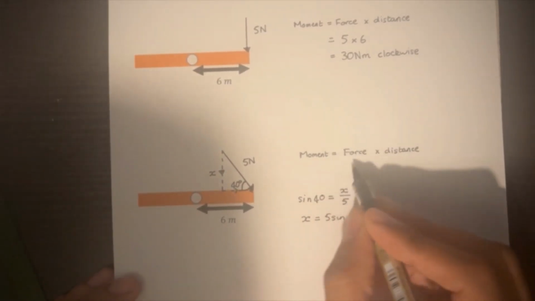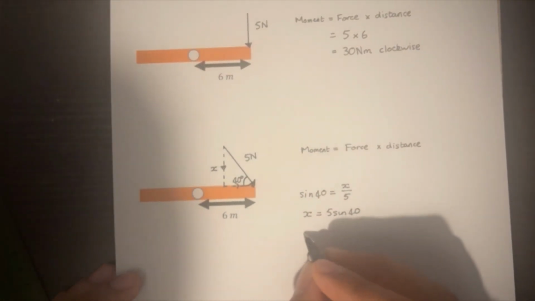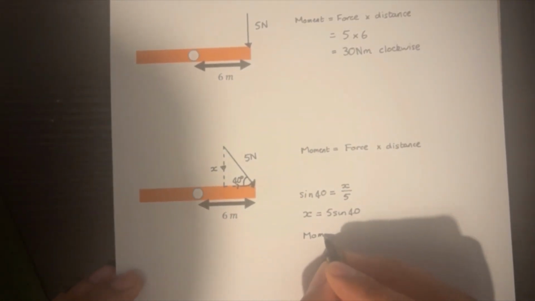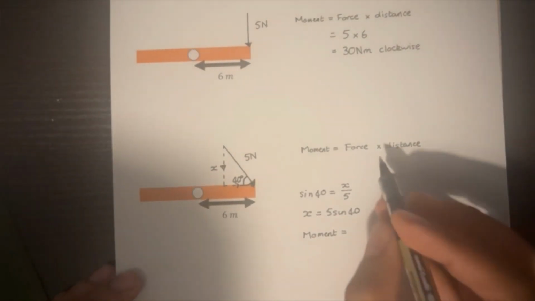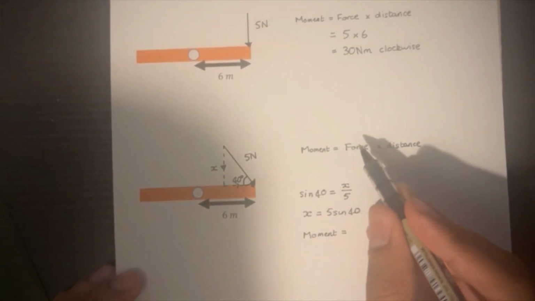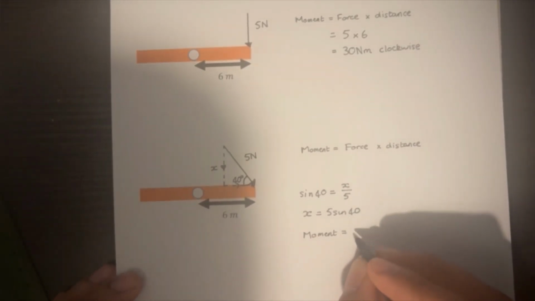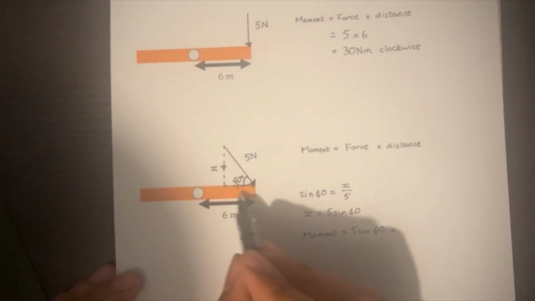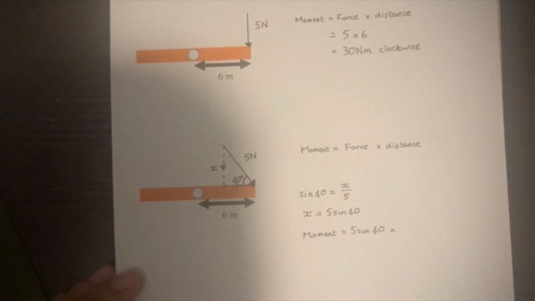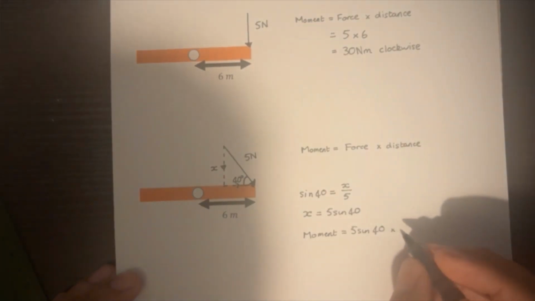So now, if I want to calculate my moment, the moment is equal to the component of the force in the perpendicular direction. That was 5 sine 40 being multiplied by the distance between the point of application of the force and the axis of rotation.